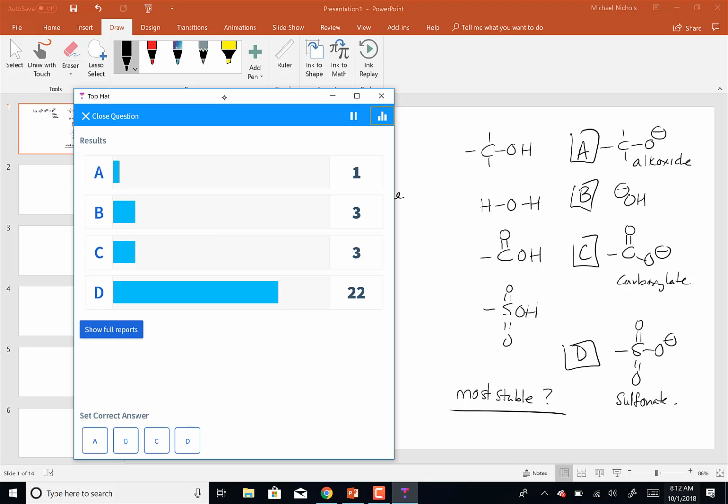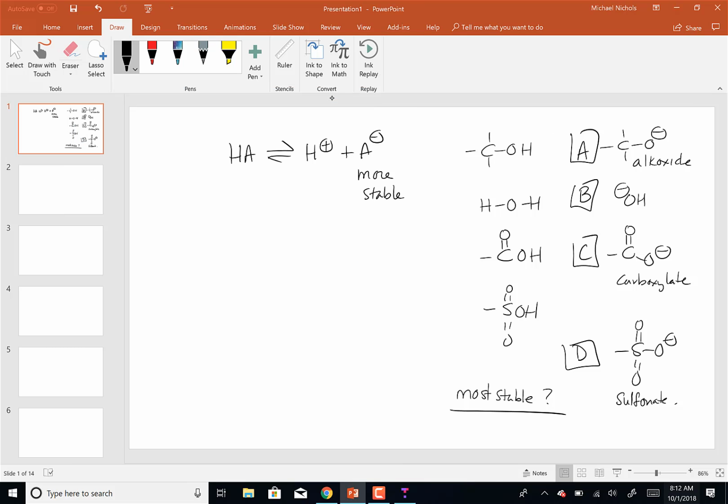By doing what? How's it going to spread out the negative charge? You're exactly right. The oxygens are all going to take a negative charge, but how? Can you see that happening?